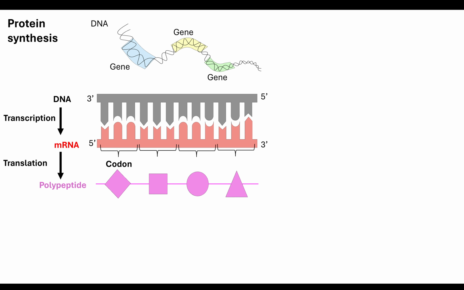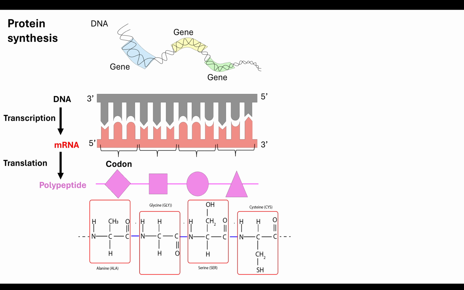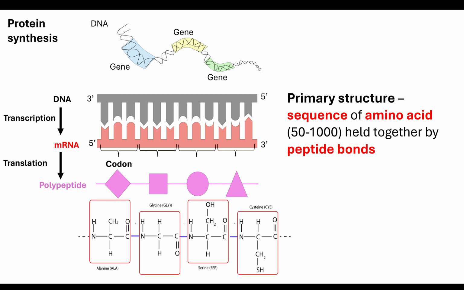So through the process of translation, that code is then translated into the polypeptide. And that polypeptide has a very specific sequence of amino acids based on the code that was copied. So we call that the primary structure.